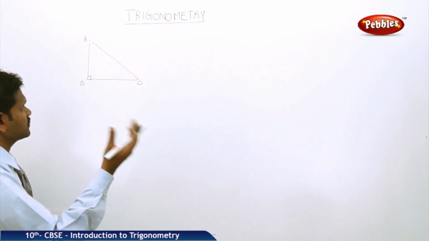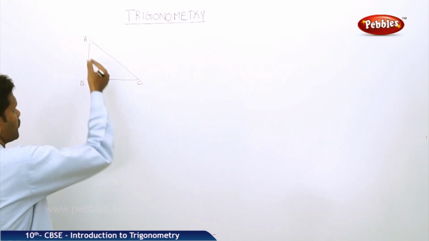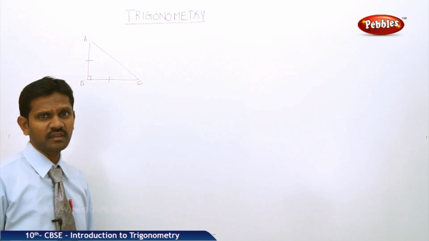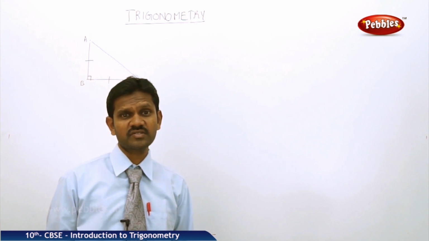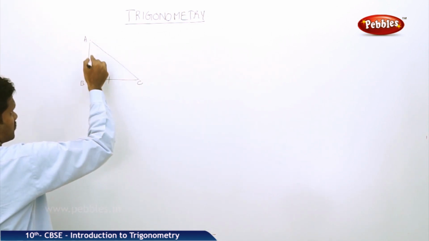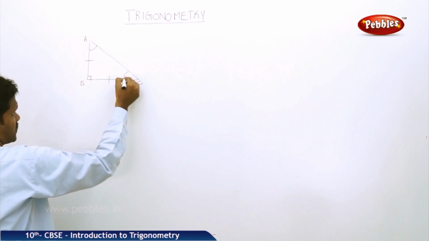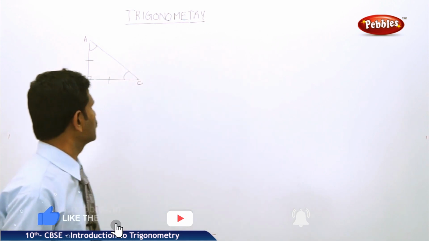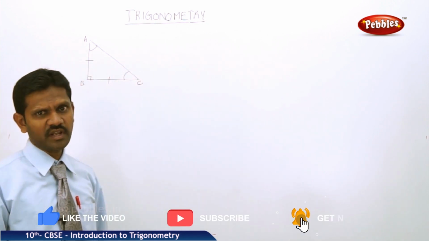And in a right angle triangle, suppose these two sides, AB and BC, are equal, it is called a right isosceles triangle. In a right isosceles triangle, the angles opposite to equal sides are also equal. That's why it is called a right isosceles triangle.